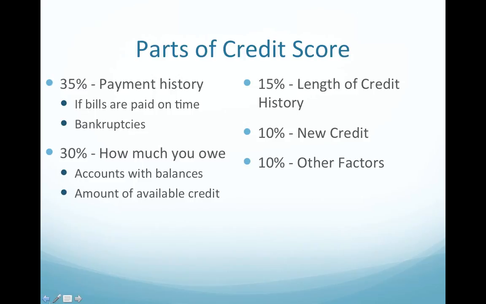So, I want to kind of show you how it works. Let's say you've got a loan for 7 years. You had a credit card for 7 years. And then you've got a car that you've got credit on it for 5 years.